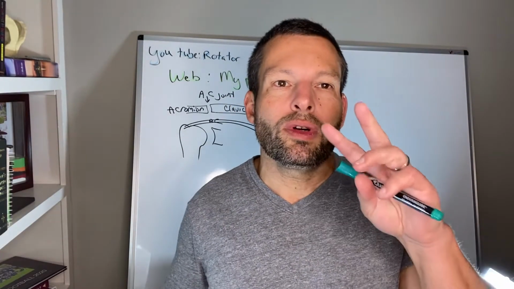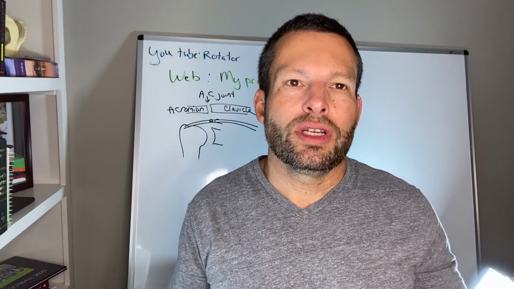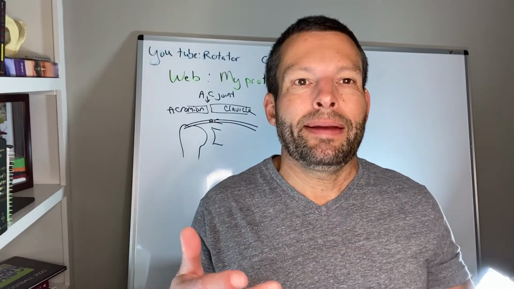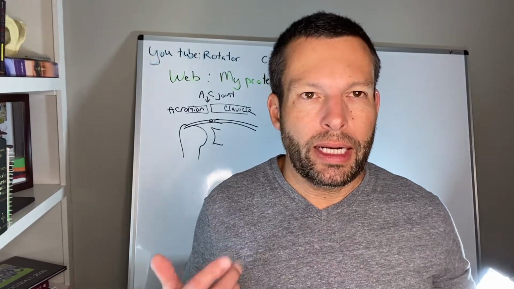So this is volume 2 or session 2 on the distal clavicle. Last time we talked about what the distal clavicle is, where it is, what the anatomy is, and why we may or may not address it.